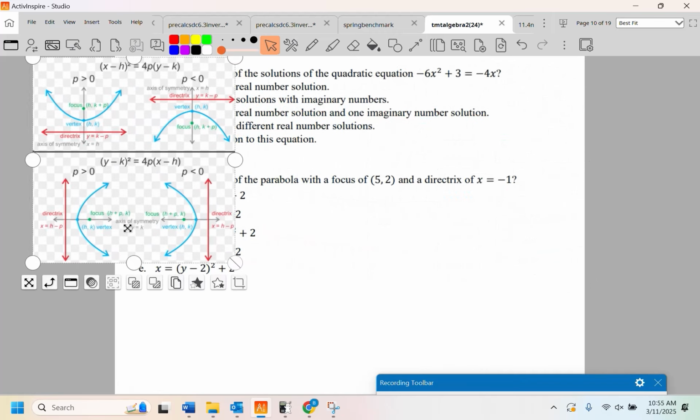All right, so they gave me the form x equals. This is what I always call a sideways parabola. You can see we have this funny form: y minus k squared equals 4p times x minus h.